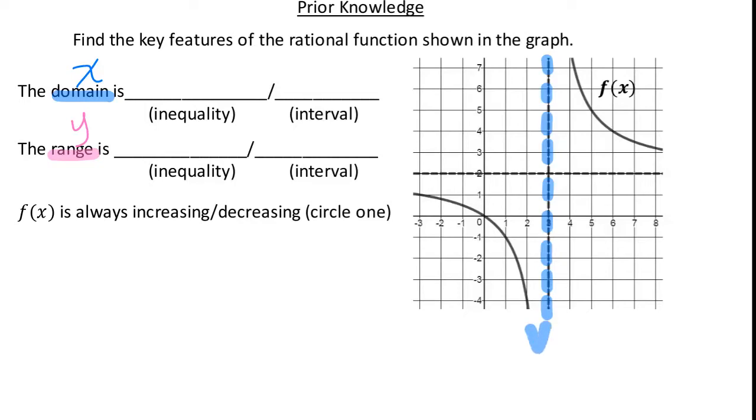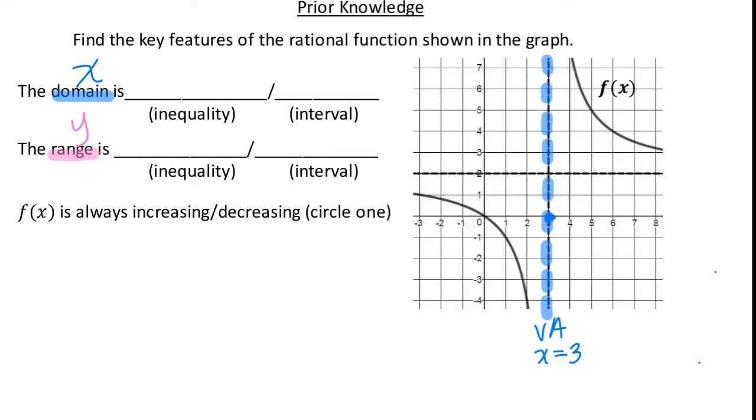This is the vertical asymptote. All right, so this is cutting through this value right here. That's a 3. Is that an x or a y value of 3? This right here. Is this an x or y value of 3? This is an x value, right? So this is x equals 3 is my equation to the vertical asymptote.